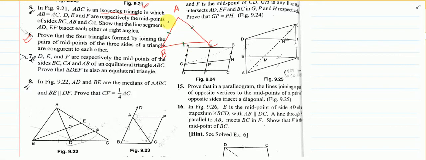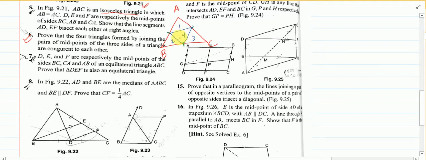When we join these midpoints, we will get altogether 4 triangles, 1, 2, 3 and 4. So what we are supposed to show is that these triangles are congruent, means exactly same in all respect.